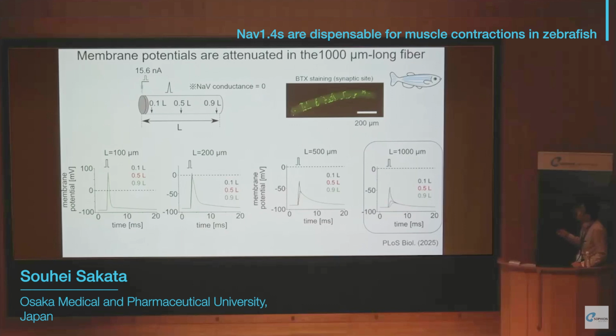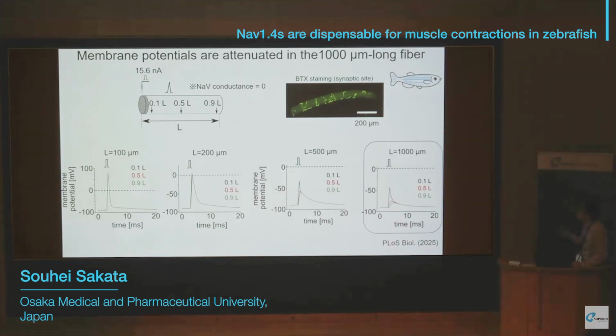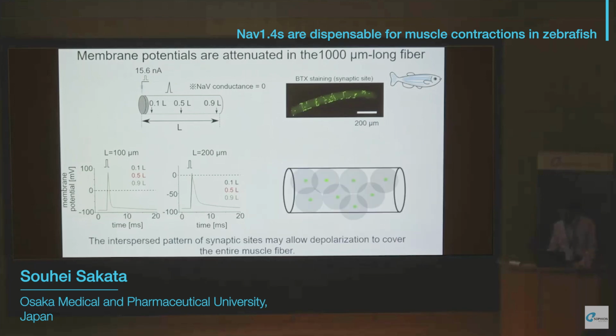Simulation of attenuation. Here's a picture of the fiber of an adult fish. The length of an adult fiber is about 100 micrometers. The simulation says membrane potential is attenuated in the adult fiber. However, the synaptic sites are scattered.